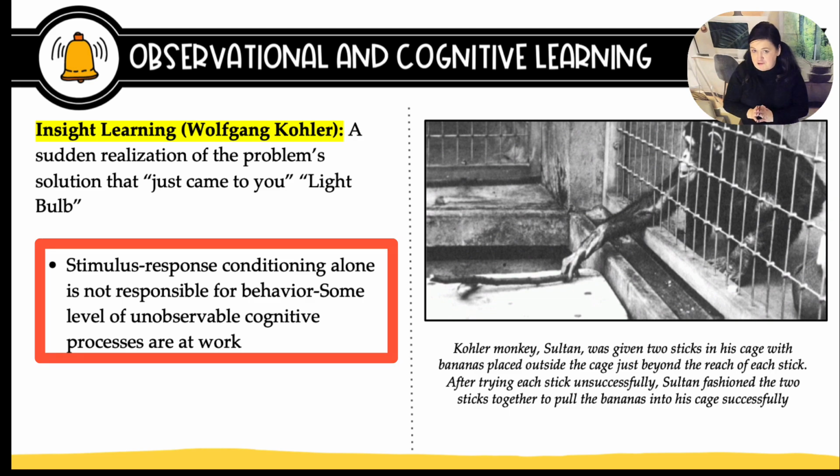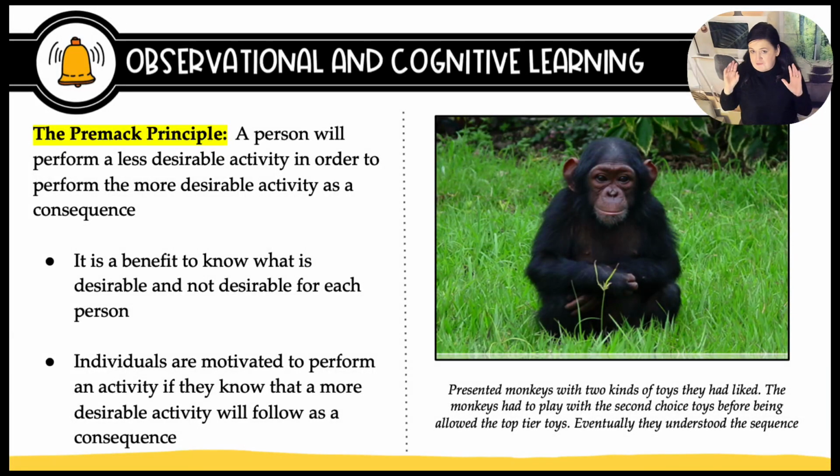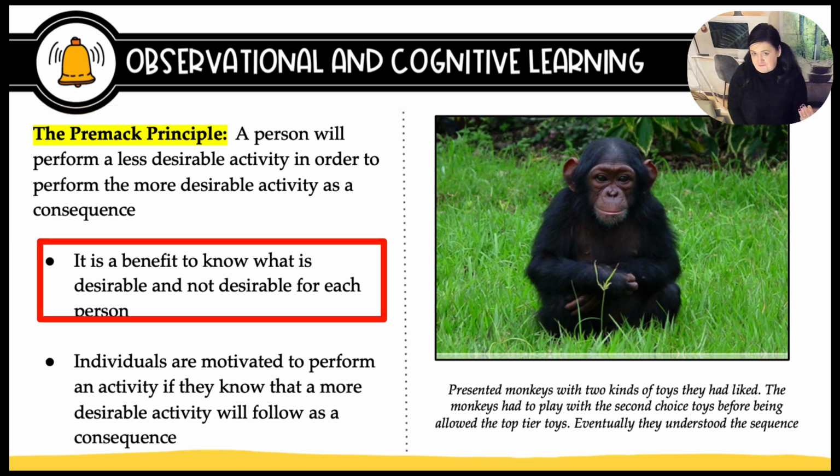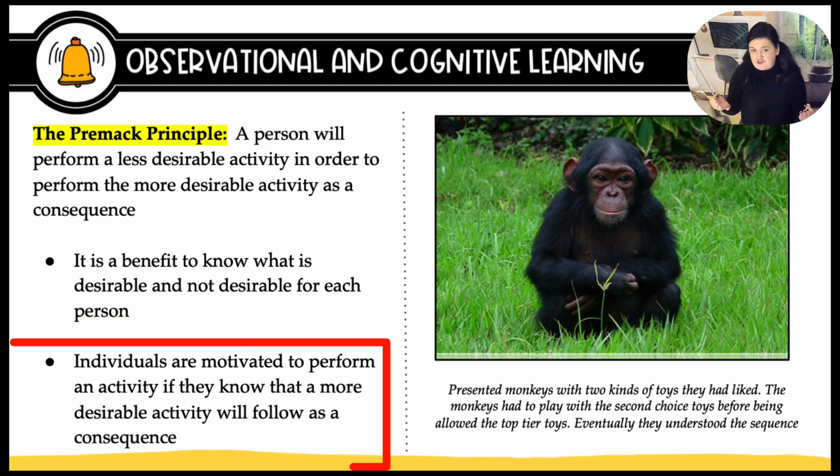The Premack principle means that a person will perform a less desirable activity in order to perform the more desirable activity as a consequence. It's a benefit to know what is desirable and what is not desirable for each person, because individuals are motivated to perform an activity if they know that that is a more desirable activity. Okay, so the activity will follow as a consequence.